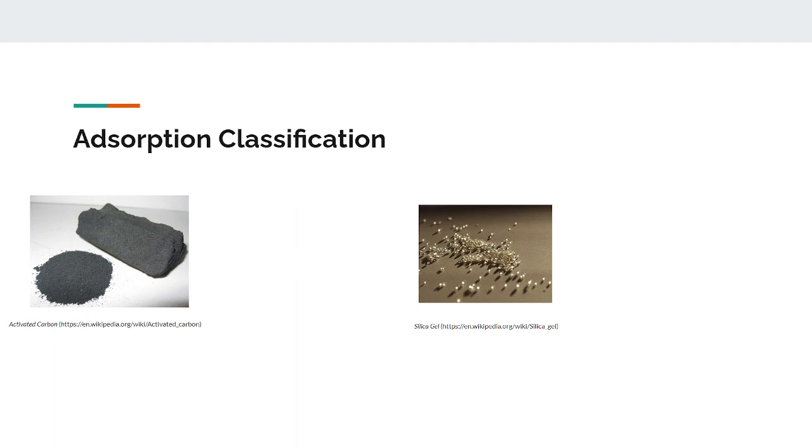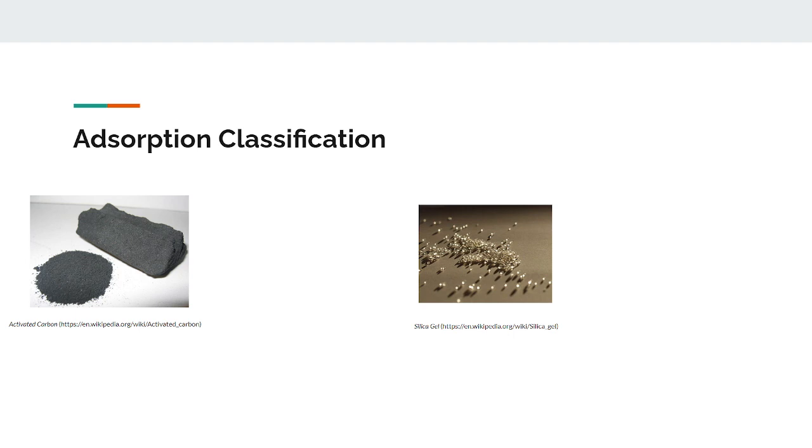So next I want to talk about the four important adsorbents that have the most application in the engineering industry. The one in the picture on the left there is known as activated carbon, also known as activated charcoal, and this adsorbent is one of the most versatile and commonly used adsorbents.